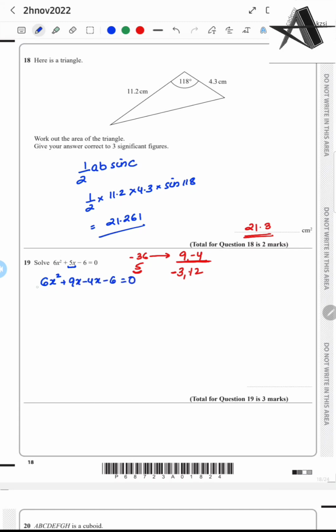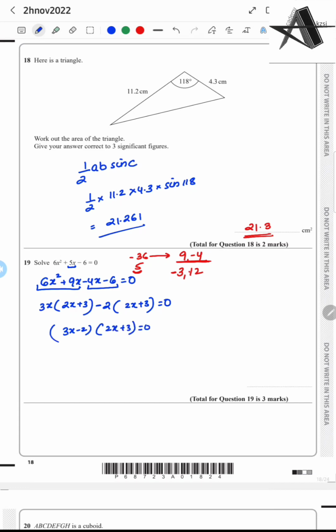Now making the pairs, taking out 3x as common, this will be 2x plus 3. And taking out minus 2 as common, this will be 2x plus 3. So I'll get the factors 3x minus 2 times 2x plus 3.